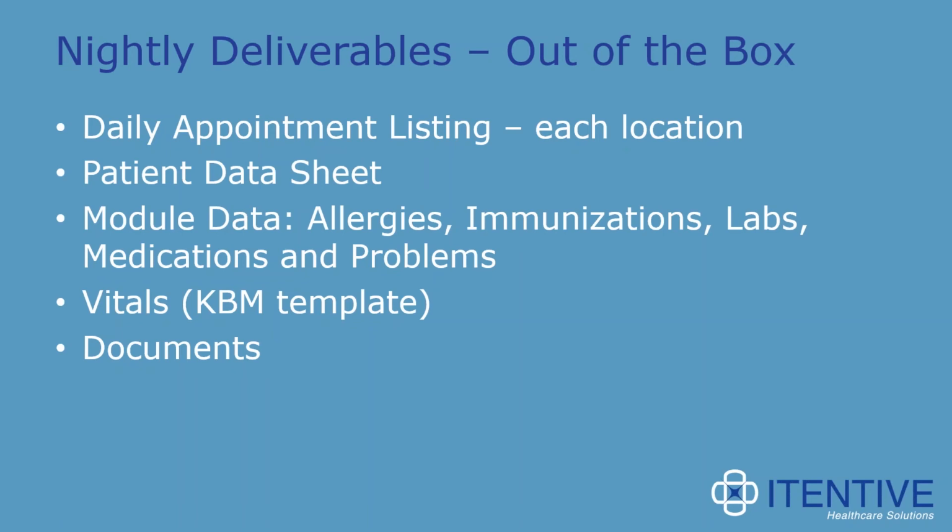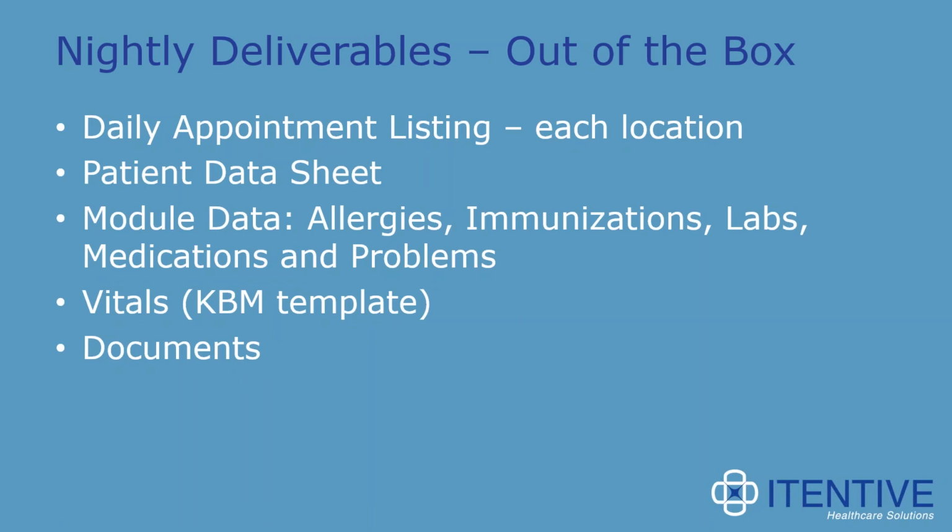Inside the chart, as I was starting to mention earlier, you're going to get a patient data sheet. That's just the basic demographics: patient name, address, who's the guarantor, what their insurance information is, good things like that that you need to know when the patient presents at the front desk. On the clinical side, you're going to get a whole host of information that the clinicians are going to need in order to talk to the patient back in the exam room.